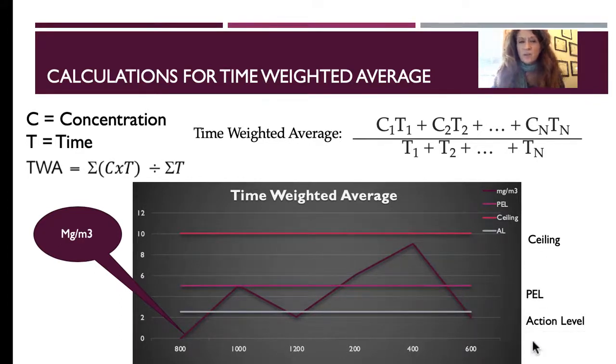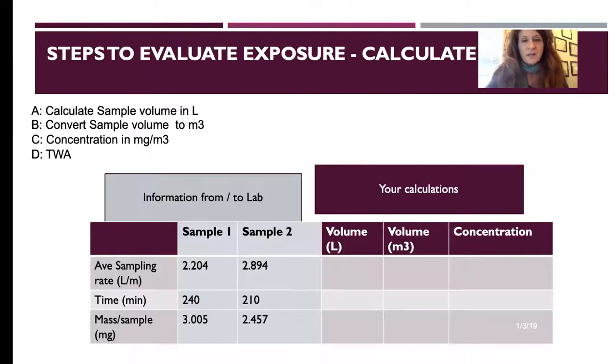And so we're trying to average what their exposure was over a period of time. That's your time-weighted average. And the formula is the sum of concentration times time divided by the sum of time. And so we'll do an example together so we could calculate a time-weighted average.